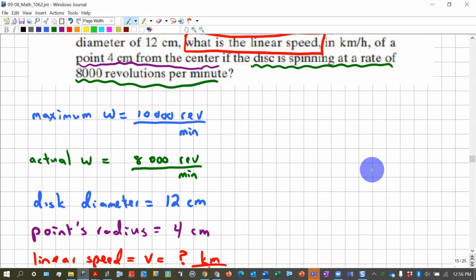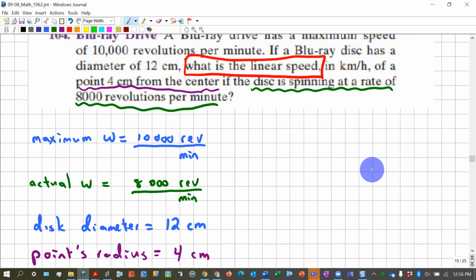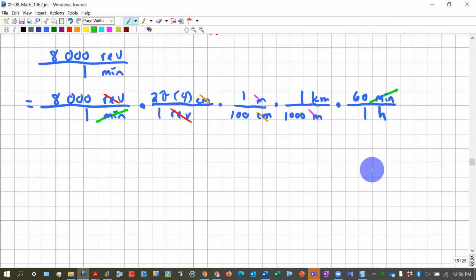And it didn't tell us what to round to. So it might want the exact answer first, and then maybe they want a decimal answer. If you're ever unsure for something that's going to be graded, make sure you ask me.